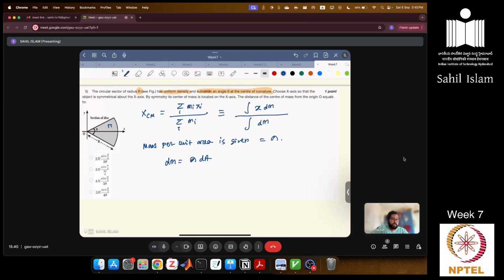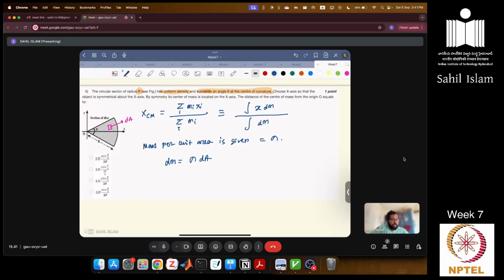So let's use some brighter color. A small area like this, let's say dA, and in this dA we have sigma mass per unit area.